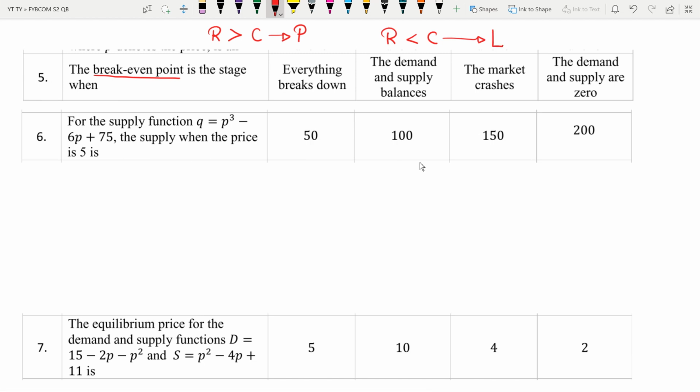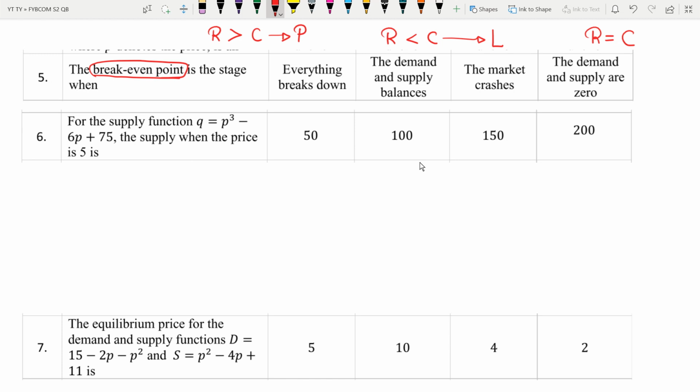But when your revenue is exactly the same as your cost, that situation is called the break-even point. Right? So the break-even point is where the revenue is the same as the total cost, and from the options none is correct.